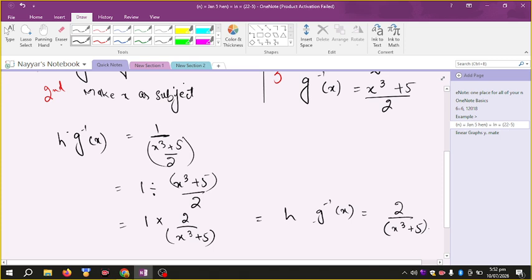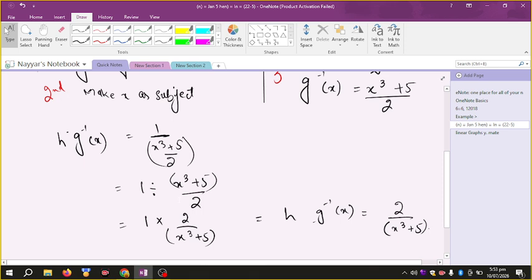Is it supposed to be the opposite? Let me explain. You want to write this 2 with both terms of the numerator. This is what you are saying. It is basically that 1 is dividing with x cube plus 5 by 2.